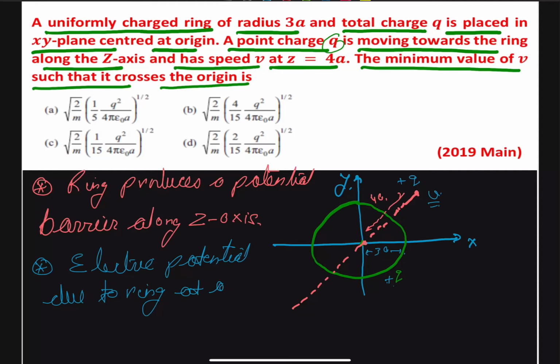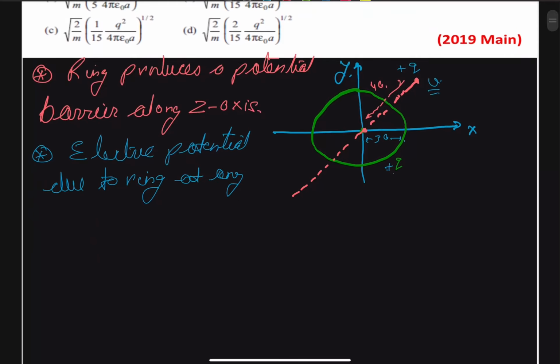Electric potential due to the ring at any point on the z-axis, and we can write the equation that V of z will be equal to 1 upon 4 pi epsilon naught, charge q divided by the square root of z square plus our radius 3a whole square.